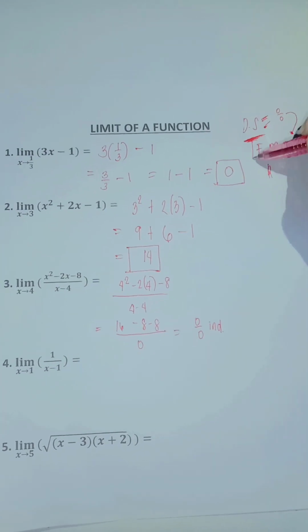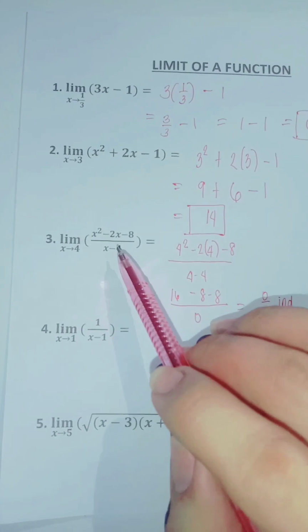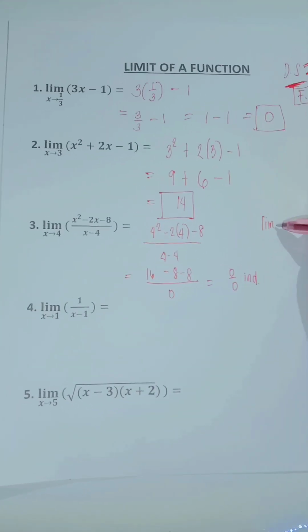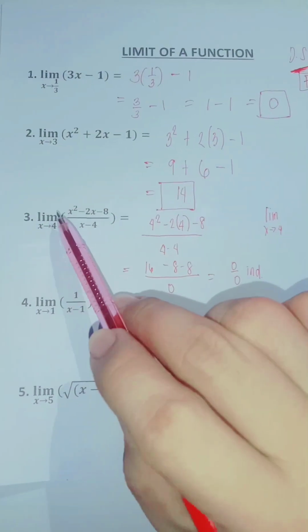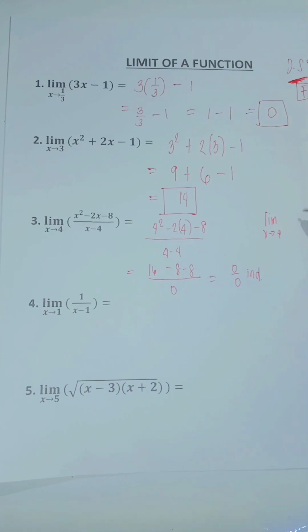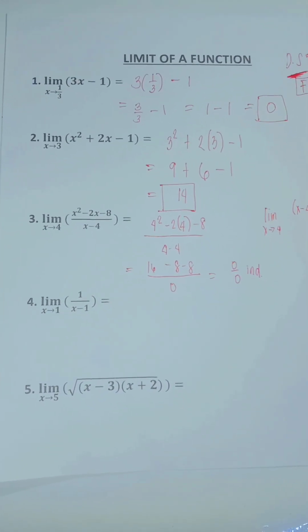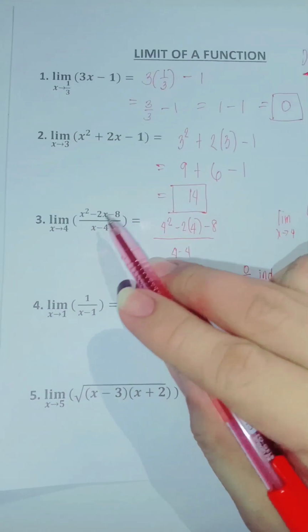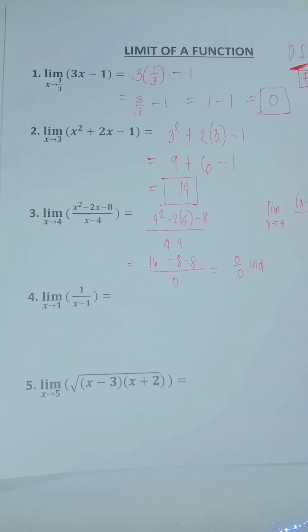Proceed tayo sa factoring method. Yung gagawin natin dito, i-factor out muna natin yung function natin. Okay? So the function becomes limit as x approaches to 4. So factor natin, what are the factors of x squared minus 2x minus 8? That is x minus 4 times x plus 2. Over, copy naman yung nasa baba.